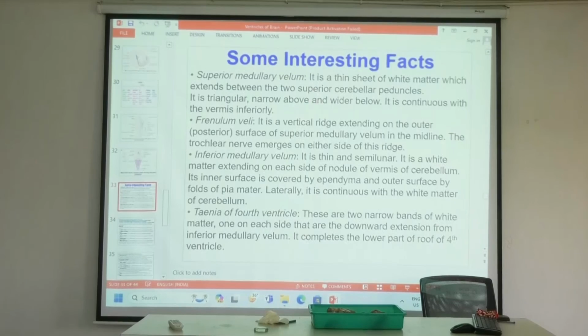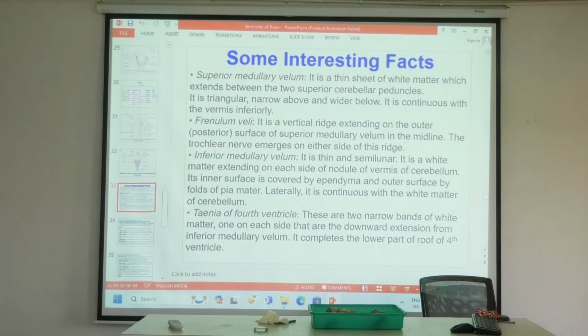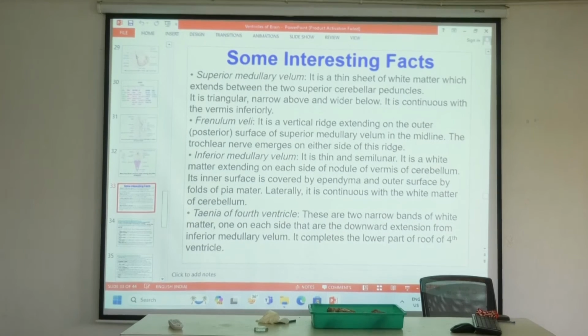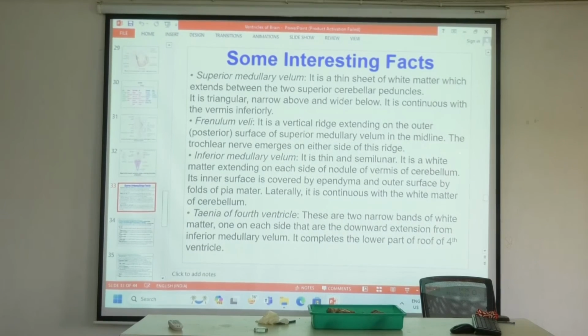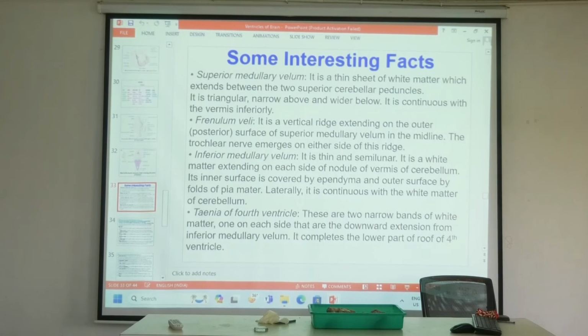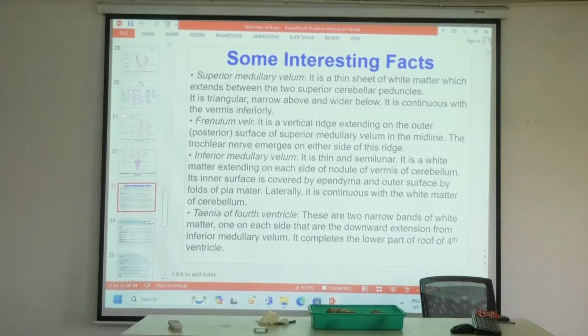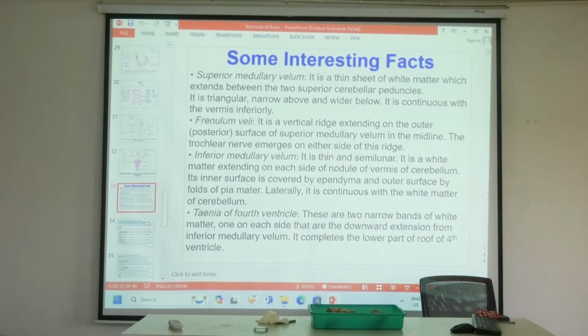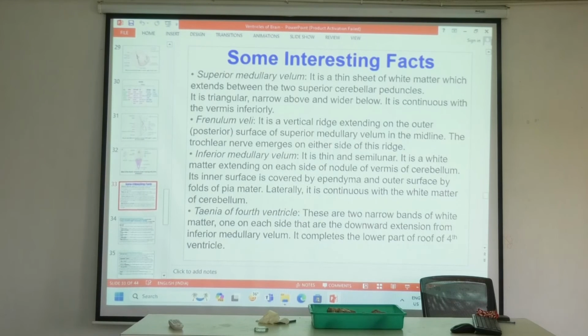peduncles. The superior medullary velum has a vertical ridge extending on its outer or posterior surface in the midline. The trochlear nerve emerges on either side of this ridge.